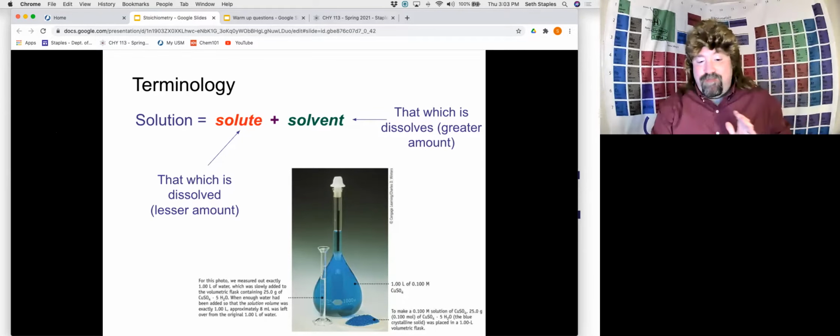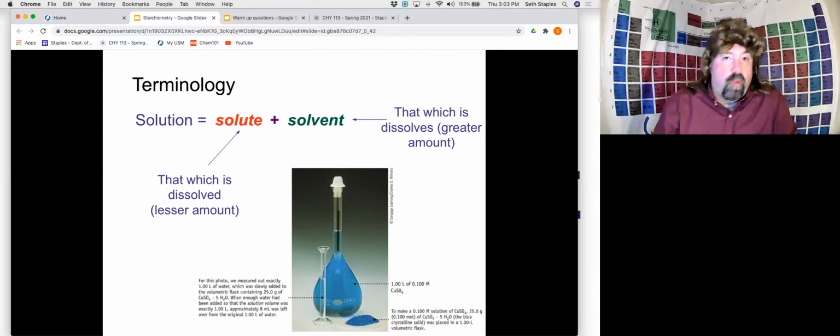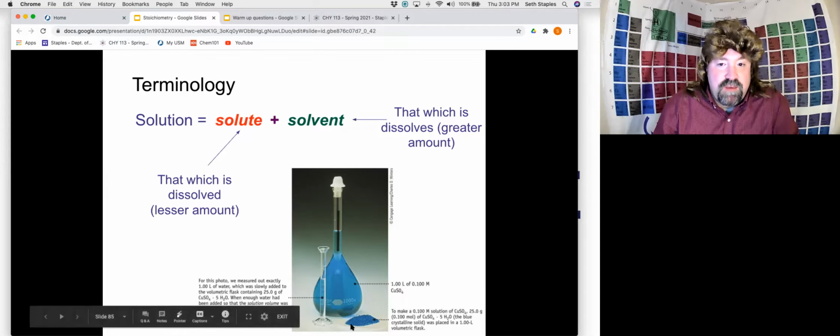Very typically, for the vast majority of things that we do, water is going to be your solvent. In this case, for instance, we're taking some copper sulfate. Here's some clear copper sulfate here. And that was dissolved into the water to make this copper sulfate solution. So the copper sulfate was our solute, and the water was our solvent.